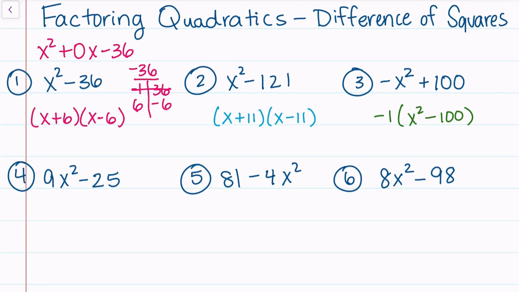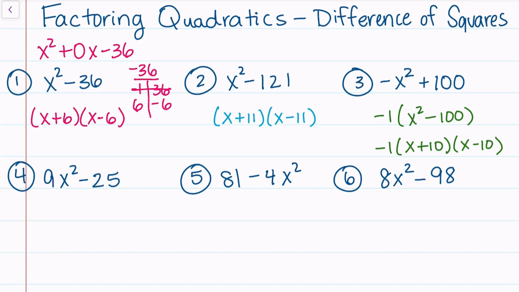Now I have the difference, meaning minus in the middle, of squares, because 100 is a perfect square and so is x squared. So I'm going to rewrite my final answer as x plus 10 and x minus 10, since 10 times 10 is 100. And you don't need the 1, you could just have the minus sign in front.